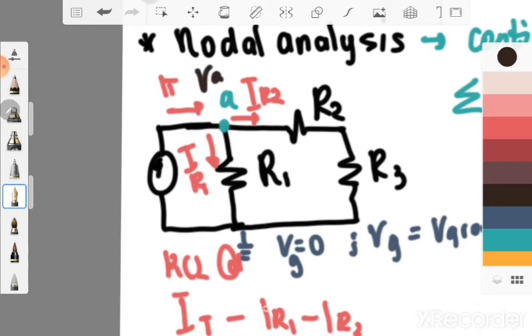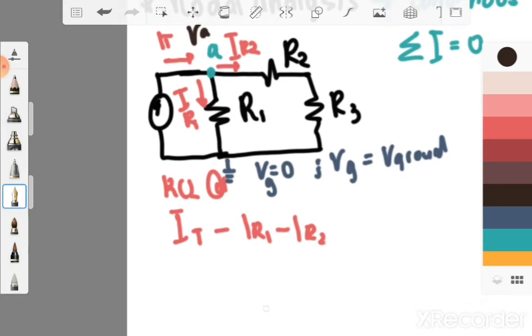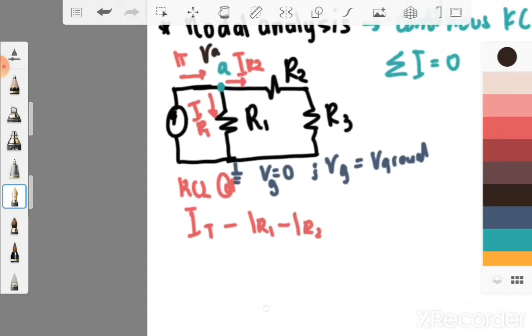So, what is VA, guys? That is the voltage of your R1, which is equal to the voltage of your VR2 plus VR3. From the steps of nodal analysis that I have discussed in your module, I may say that your IT is equal to IR1 plus your IR2.